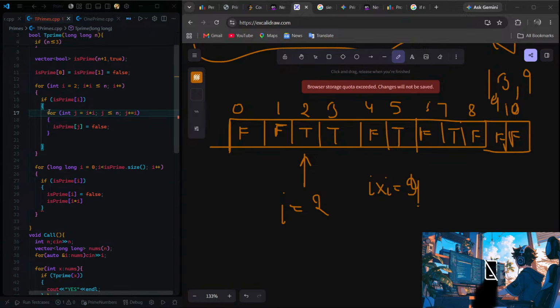If this number is a prime number, every number that is divisible by this will never become prime.